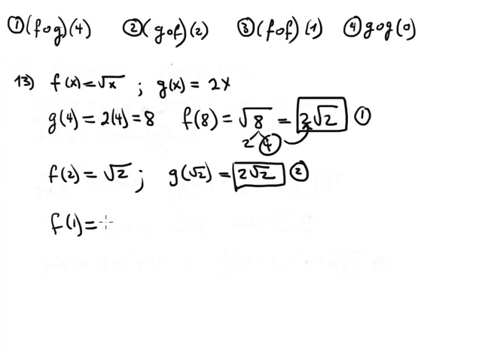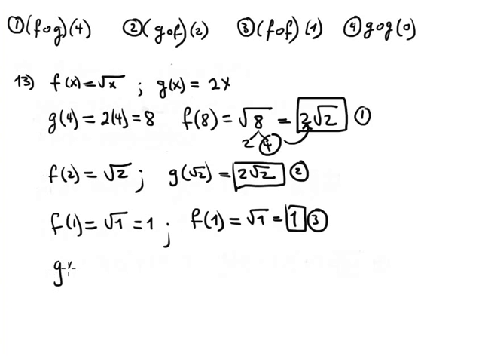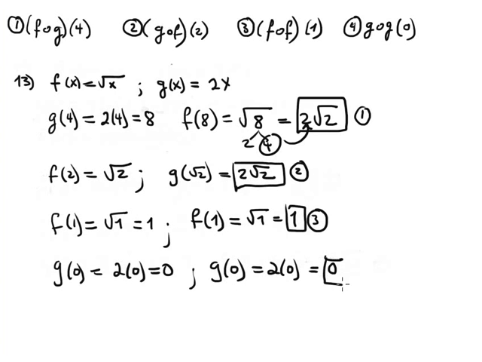F is radical 1, and the radical of 1 is 1. And again you evaluate at 1, radical 1 is 1. The answer is just 1. And g evaluated at 0, 2 times 0 is 0. Again, g evaluated at 0 is 2 times 0, which is 0, and the answer is 0. Option 4.